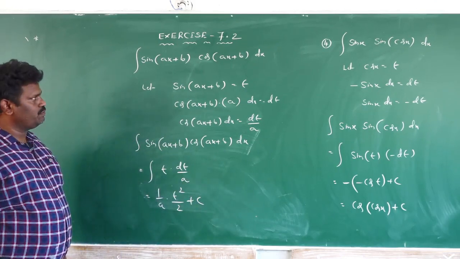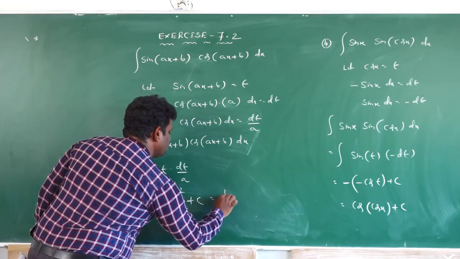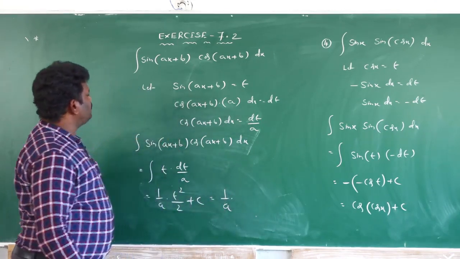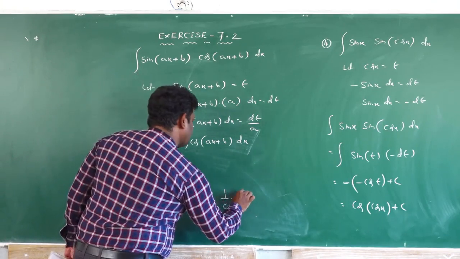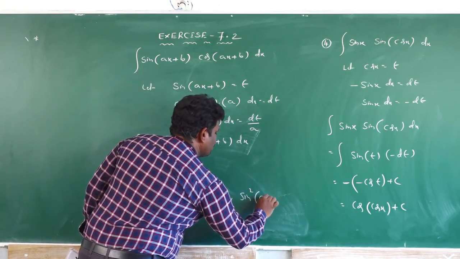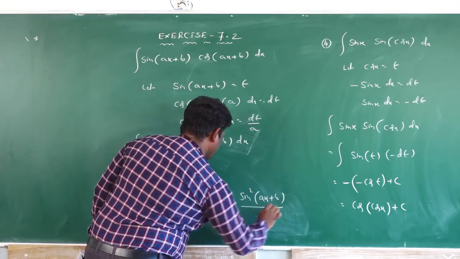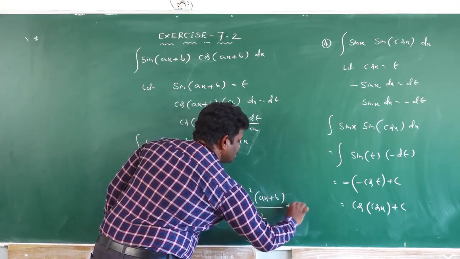Finally, 1 by a times sine square of ax plus b by 2 plus c.